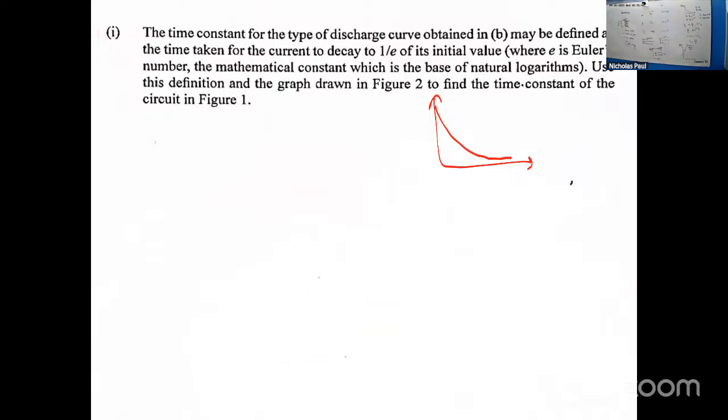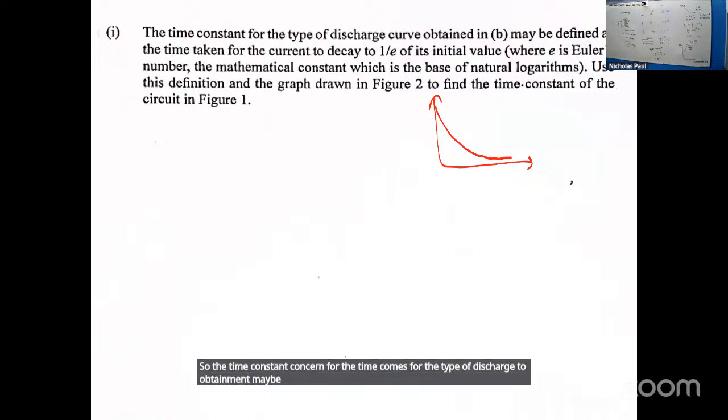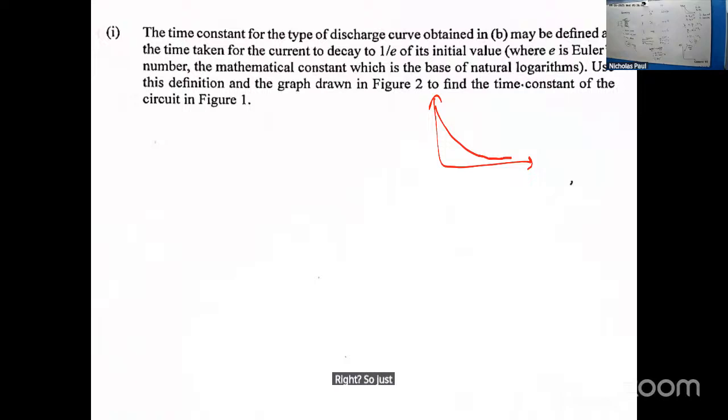So the time constant for the type of discharge curve obtained in the previous part may be defined as the time taken for the current to decay to 1 on e of the original value. So just trying to explain here for the non-math people. Use this definition and the graph to find the time constant.